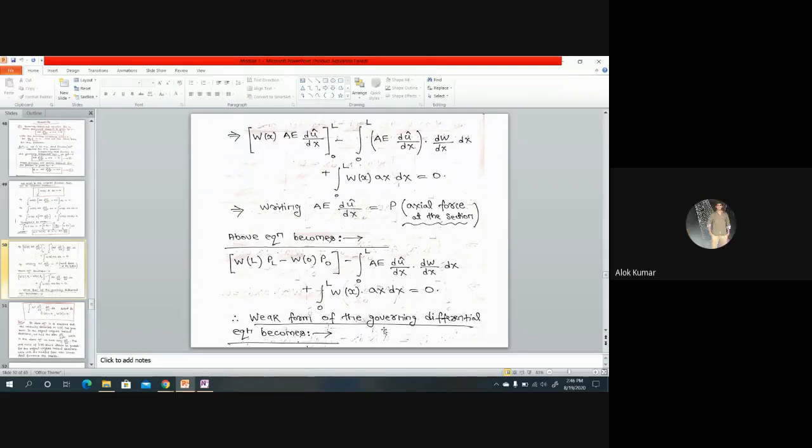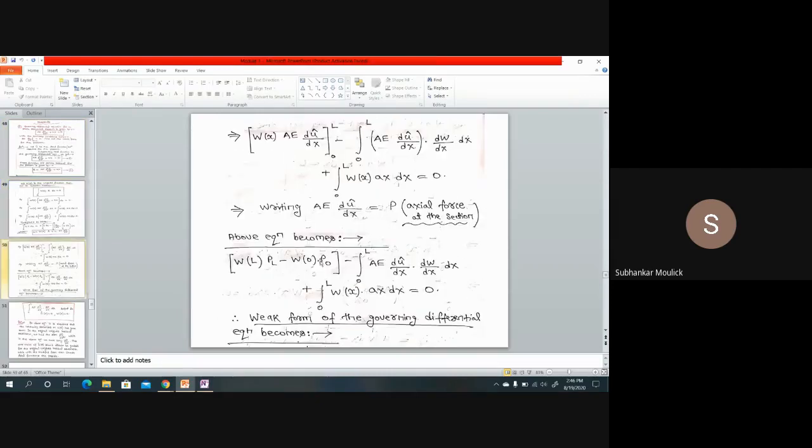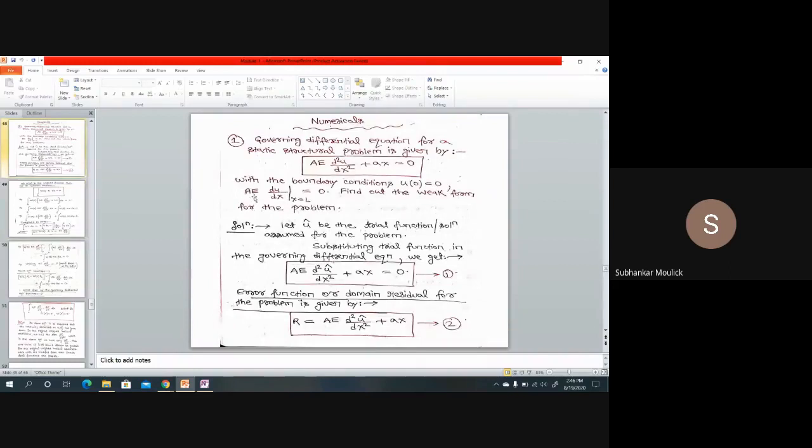Sir, so in weak form, we need to take the first term as equal to 0? Yes, in this problem the boundary condition says that this first term will be 0. In some other problem, if A E du over dx at x equal to L is say m or z or 4, then it will not be 0.